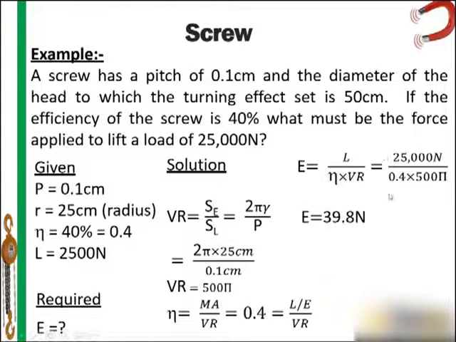So let's do the mathematics in terms of the calculation for this. If you substitute these values into your calculator, you should get a value for the effort to be 39.8 newtons. So 39.8 newtons is in fact the force that needs to be applied to lift a load of 25,000 newtons.